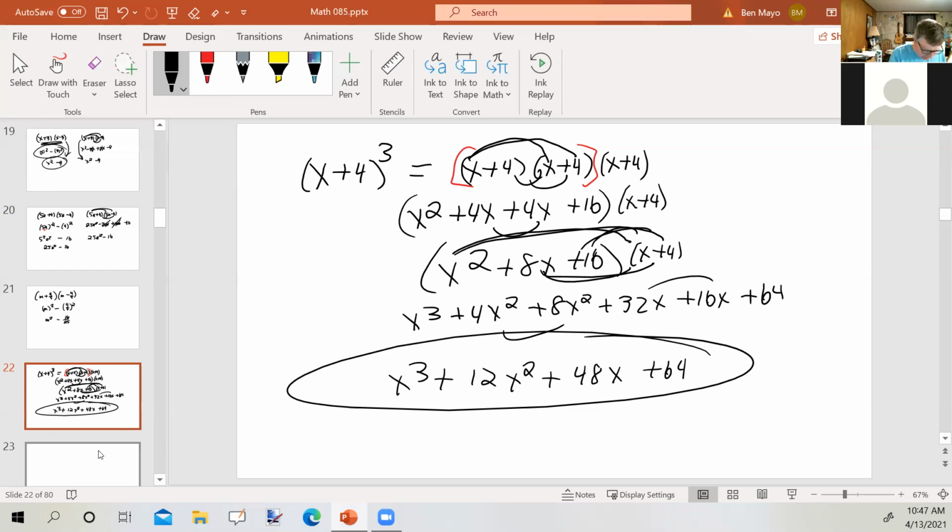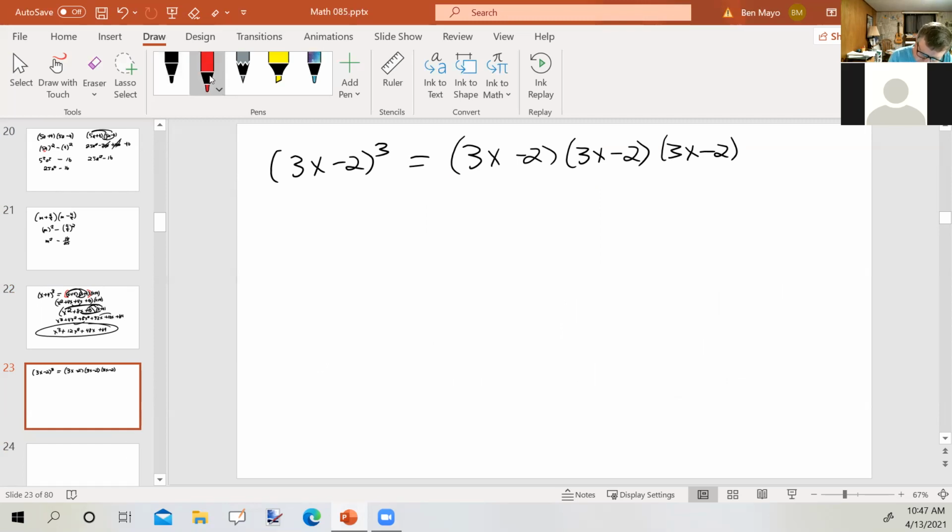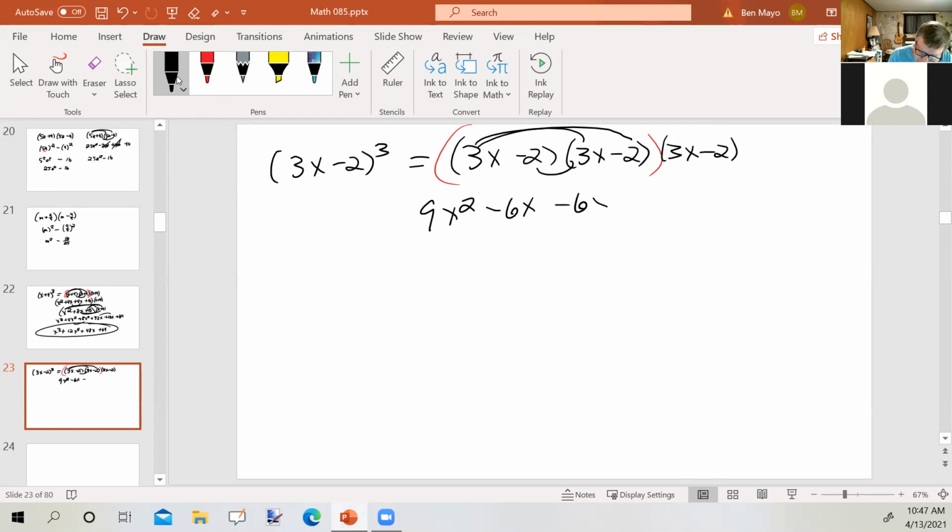All right. Let's say we've got the quantity 3x minus 2 cubed. So that's going to be 3x minus 2 times 3x minus 2 times 3x minus 2. I'll multiply the first two together first. So I get 9x squared minus 6x minus 6x plus 4. All of that times the final factor of 3x minus 2.